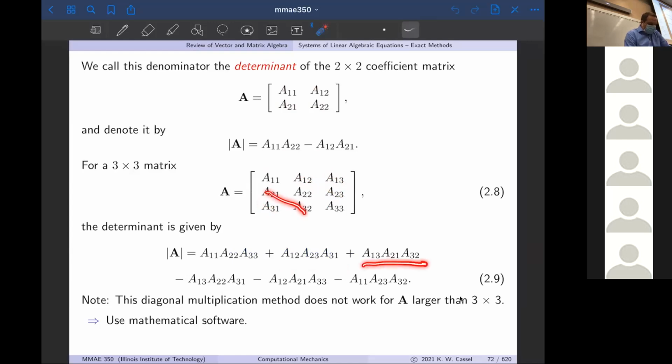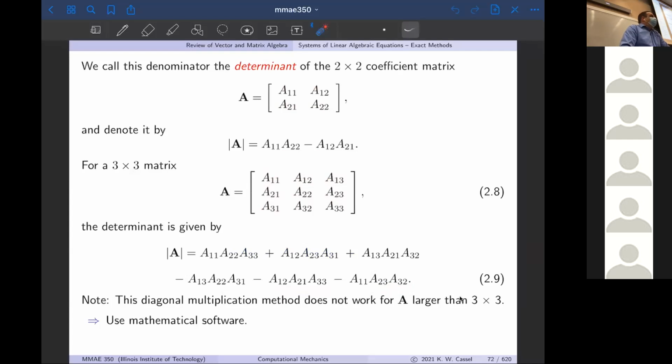Boy, I sure want to do this on a computer in the future. And then you do the same thing, but from northeast to southwest, and you subtract them off. So minus A13 times A22 times A31, minus A12 A21 A33, minus A11 A23 A32. And that's what these terms are. But it just gives you a number.